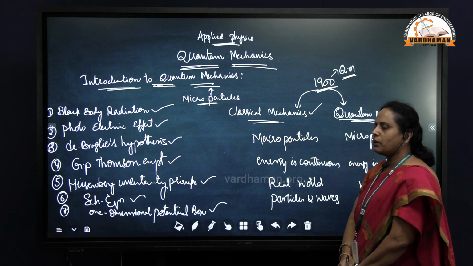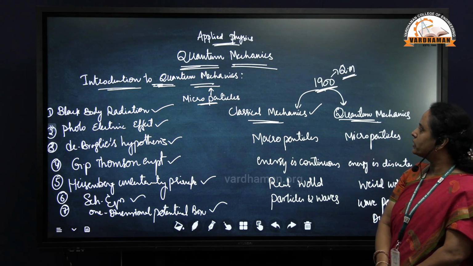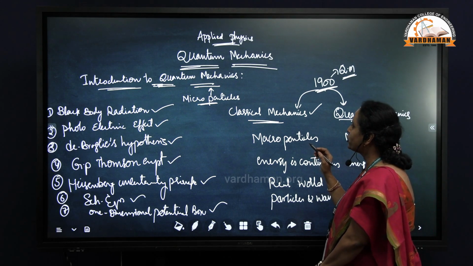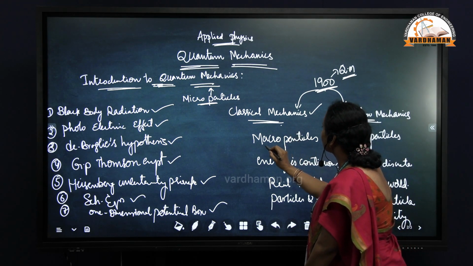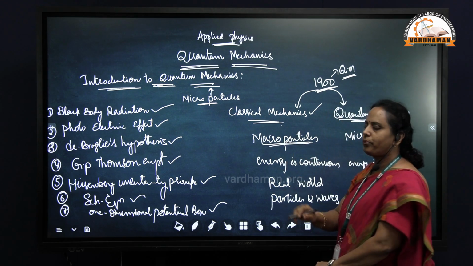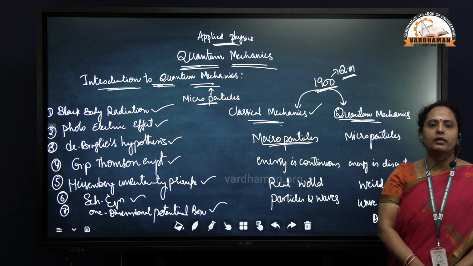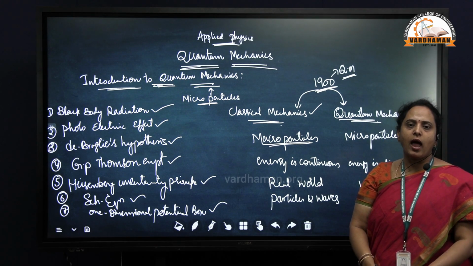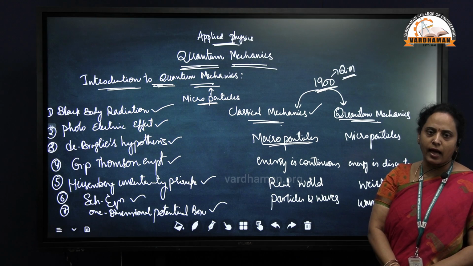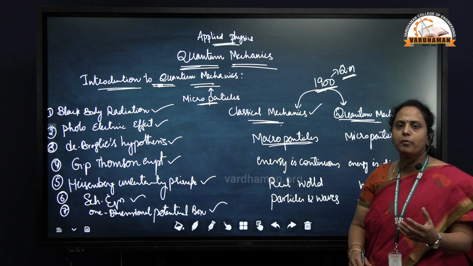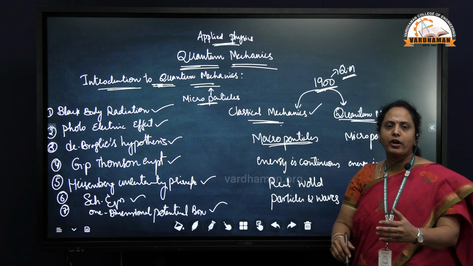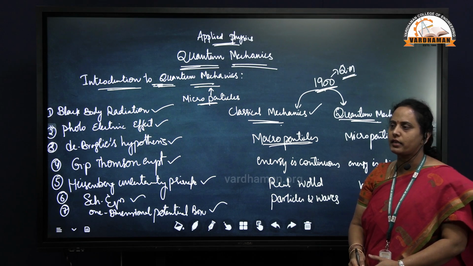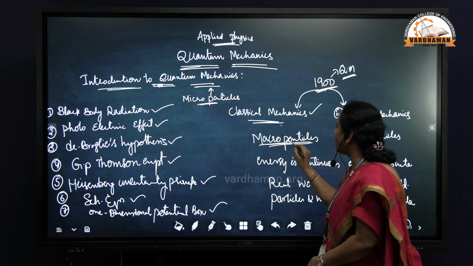What exactly does classical mechanics deal with? Classical mechanics is that branch of physics which discusses macro particles. Macro particles are those which are large in size, visible, and can be seen with the naked eye. It means if any body is moving, we can find its velocity, momentum, etc. by looking at that particle.